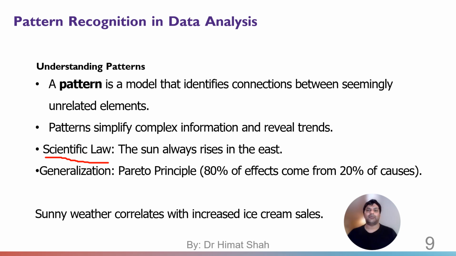And then we have the relationship between ice cream and sunny weather. When there is sunny weather, people tend to buy more ice cream. When there is rainy weather, there is less chance that people buy ice cream. On the surface the connection might seem unrelated, but data reveals a trend between weather and ice cream sales.